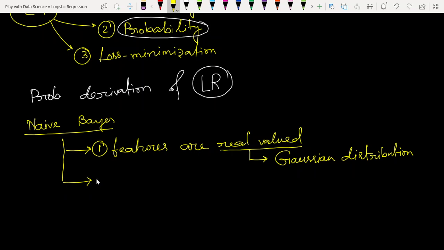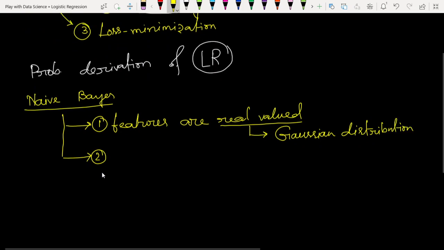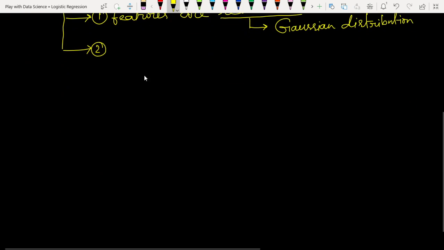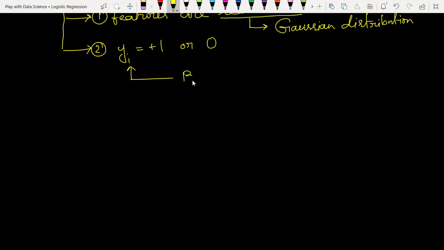Number two, we have seen that yi, the binary classification label, is either 1 or 0. So this is a Bernoulli random variable. I think all of you know what Bernoulli distributions are.